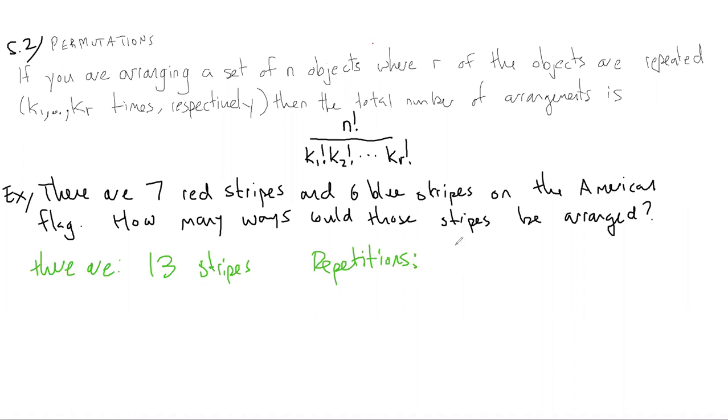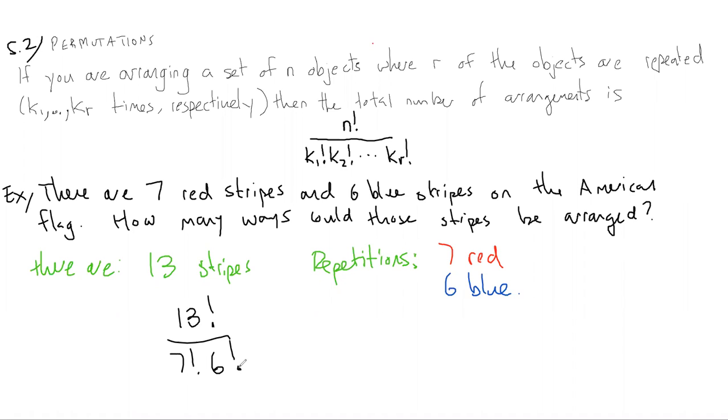We've got 7 red and 6 blue. So those are our repetitions across the bottom there. So the total number of ways of doing it is just 13 factorial over 7 factorial, 6 factorial.